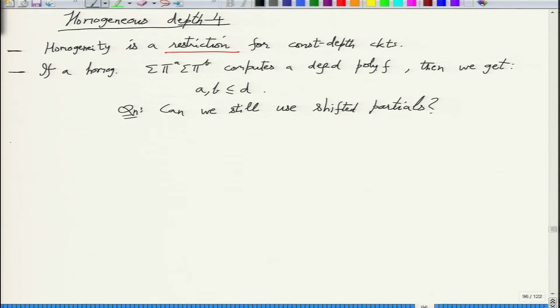Just to remind, let us define the model properly.